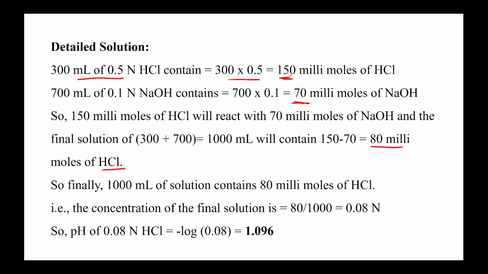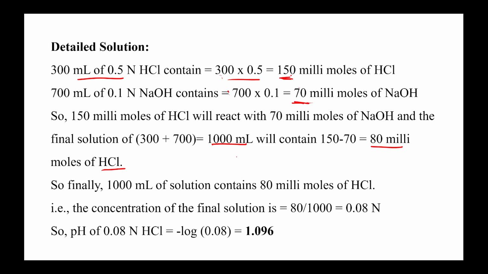Now this 80 millimoles of HCl, total volume of the solution is also increasing because we are mixing these two solutions. So 300 ml plus 700 ml, that is 1000 ml solution. So in this 1000 ml solution we have 80 millimoles of HCl. So now the question is straightforward. So that means the molarity would be 0.08 for the HCl.